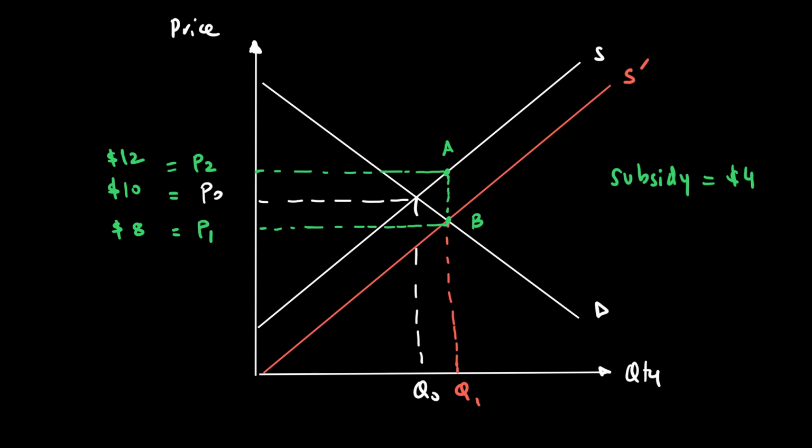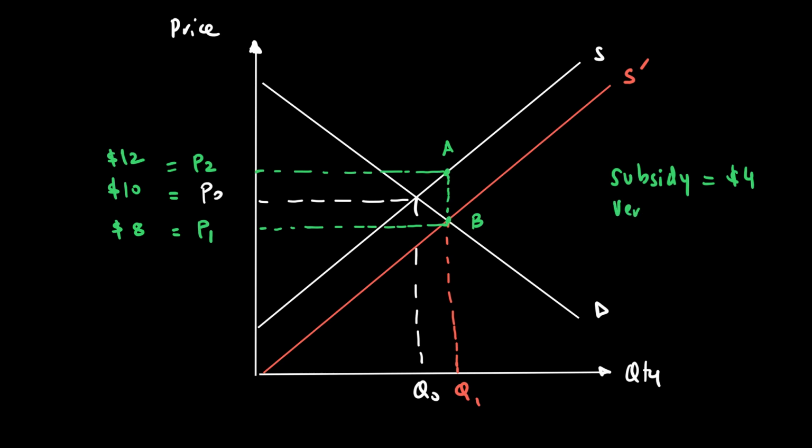Just like taxes, in this case, the price the consumer was previously paying was $10, but after subsidy, the price he's paying is $8, which means $8 is what the consumer pays, $4 is what the government gives to the producer. So overall, producer is now getting $12, and this $12 would mean that 12 minus 8 is this vertical distance AB, your amount of subsidy.